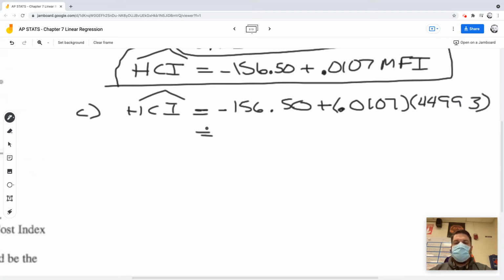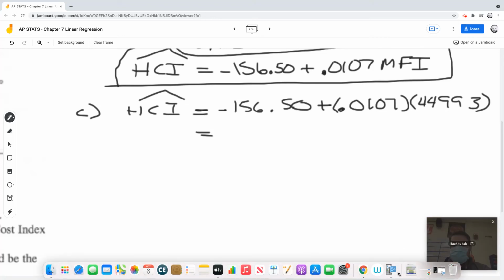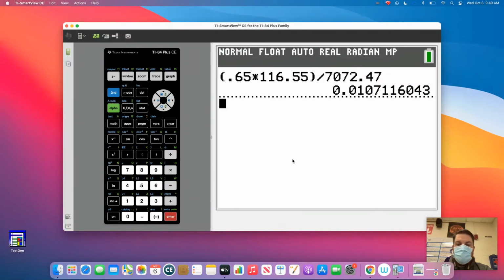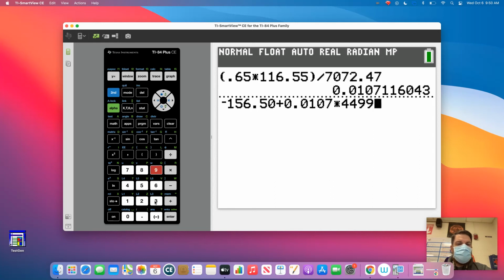Okay, so then we got to crank through the math. Now again, I could just do this on my handy dandy calculator. So I'm going to say negative 156.50. You don't have to put the 0, but I'll do it. Plus 0.0107 times 44,993.